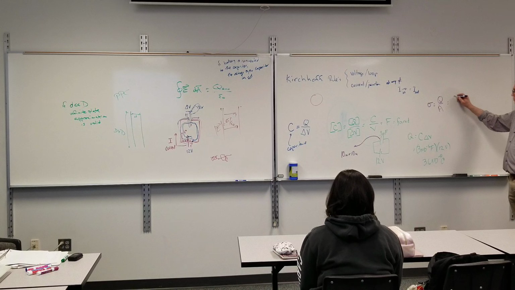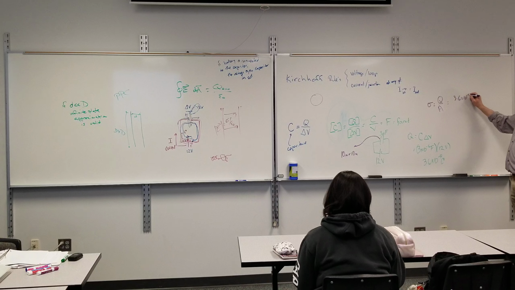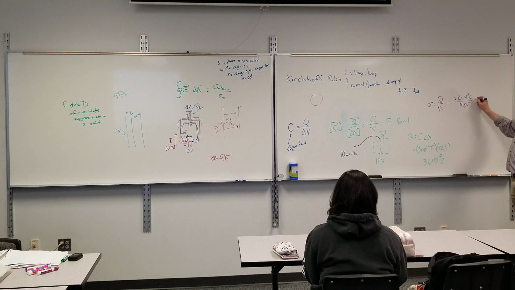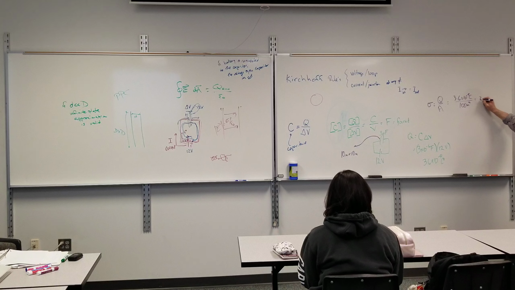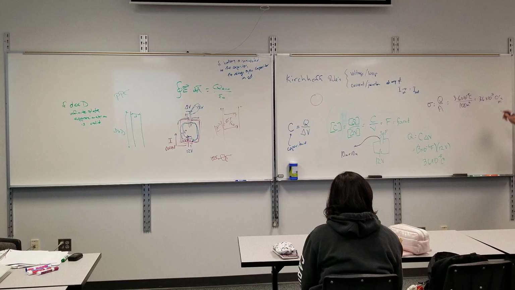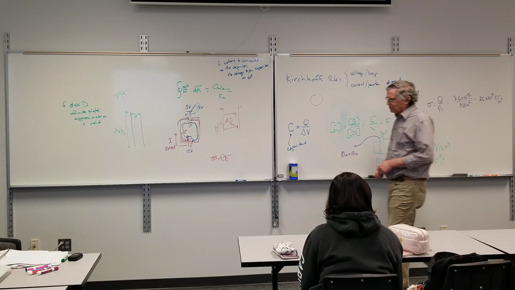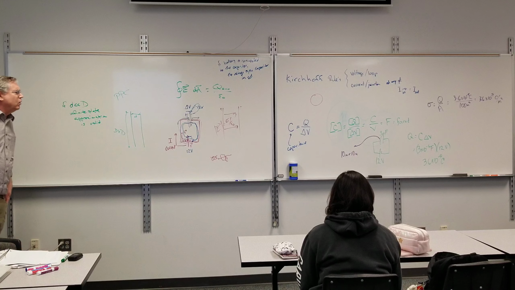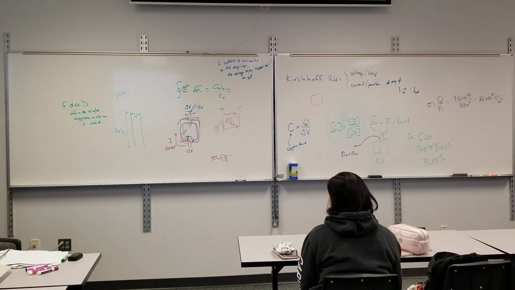So we have a charge of 3.6 times 10 to the -5 coulombs divided by 100 square meters, and we end up with 3.6 times 10 to the -7 coulombs per square meter. What is the electric field between the plates? Or how would you find it? Could we assume it's infinite?